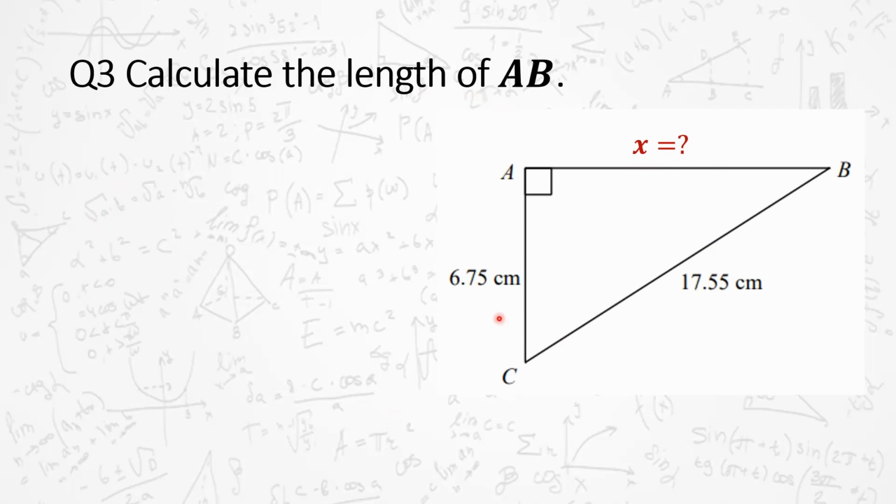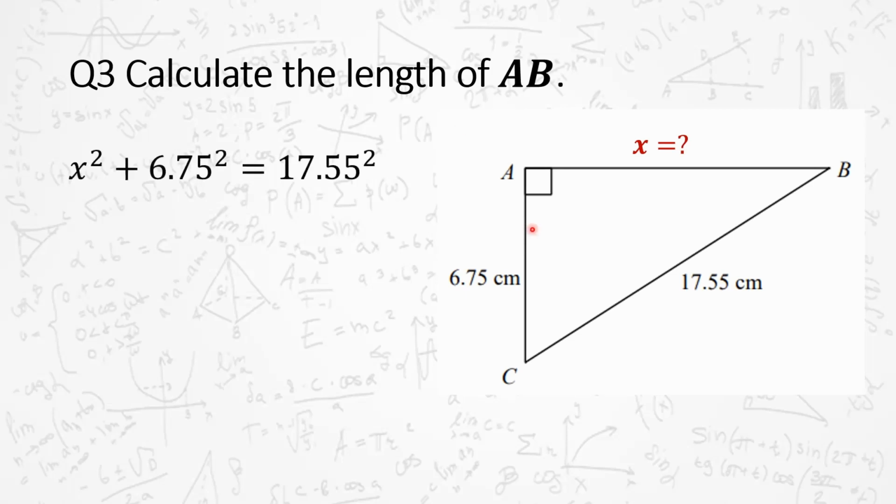There are two values given, 6.75 and 17.55. 17.55 is the longest side by looking at the diagram because it's opposite my 90 degrees. Therefore, it must be the longest side. Then x will be one of the shorter sides. Therefore, I will need to use a subtraction.